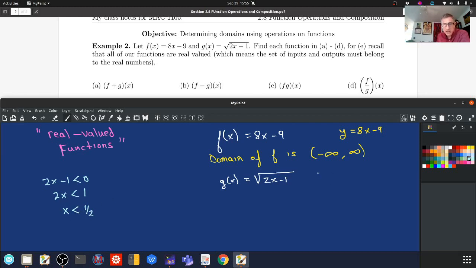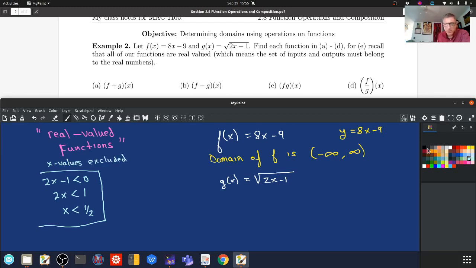So the domain starts at 1/2 is okay. That may not be the best way to go. So this is the area of undefined, but x values excluded.